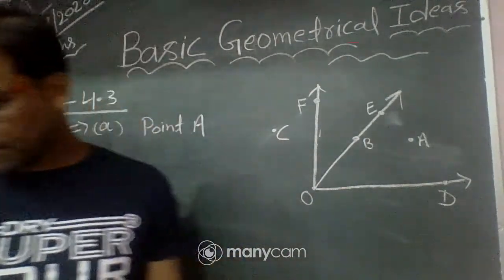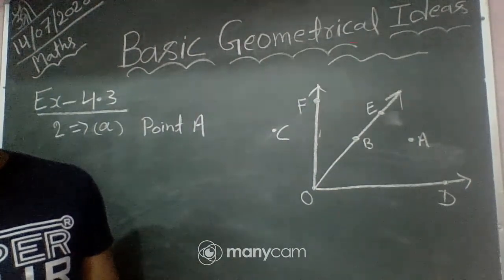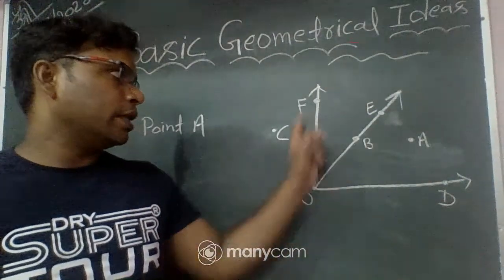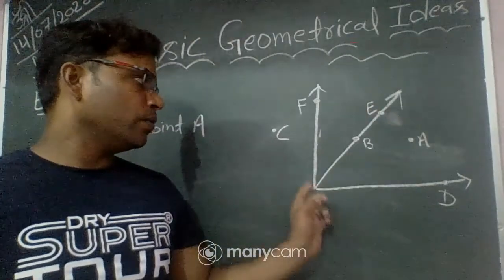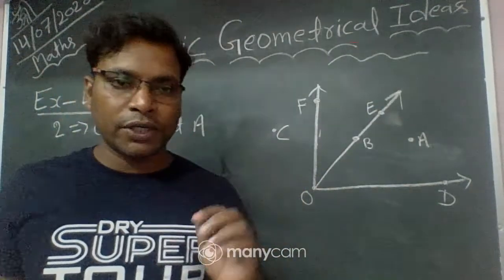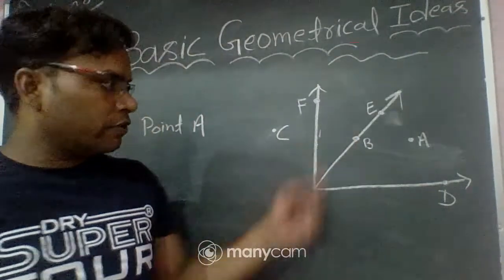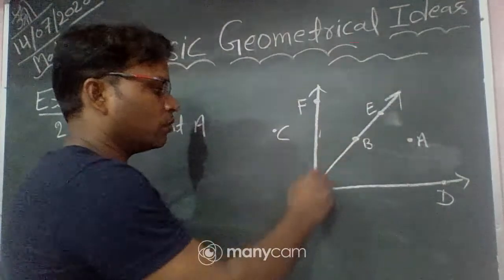Now question B. In the exterior of angle EOF, exterior points of angle EOF. I hope all of you understood what is interior and what is exterior. Our angle is this EOF.